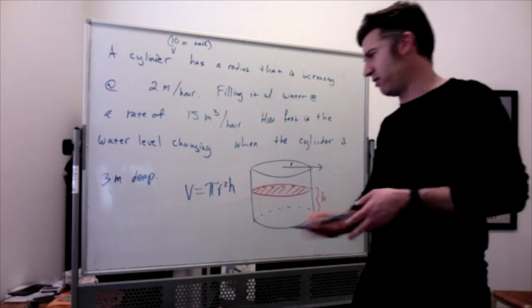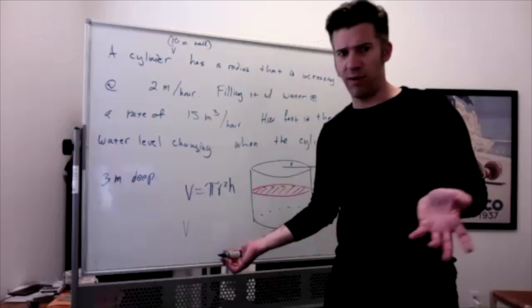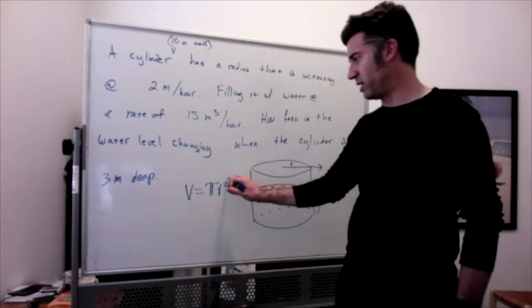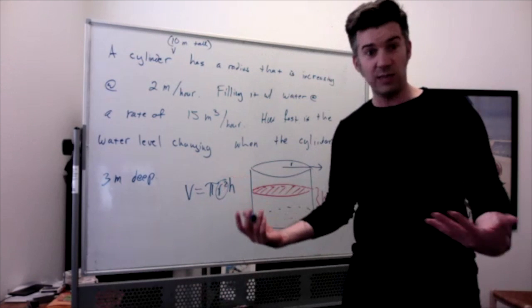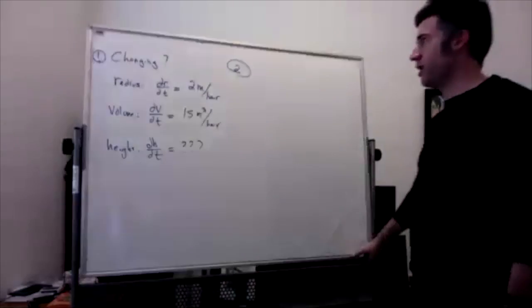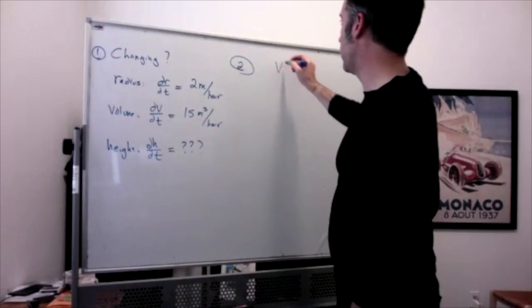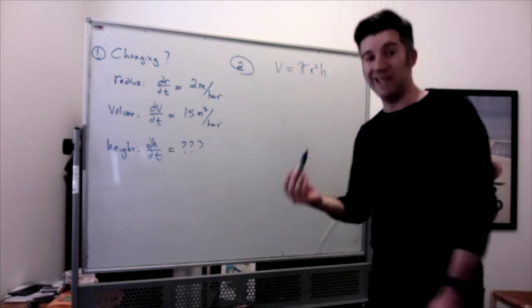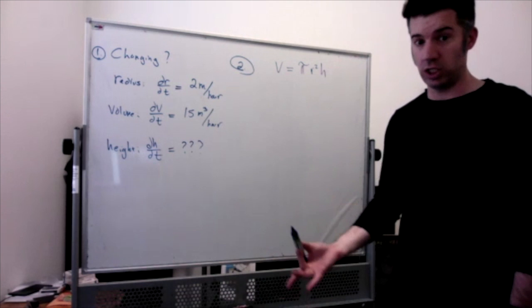And then they're like, oh yeah, the volume is then 64 pi h, because if your radius isn't changing, this really isn't variable. It is in this problem because we made it weird. So that is the equation relating the non-time variables that are changing.